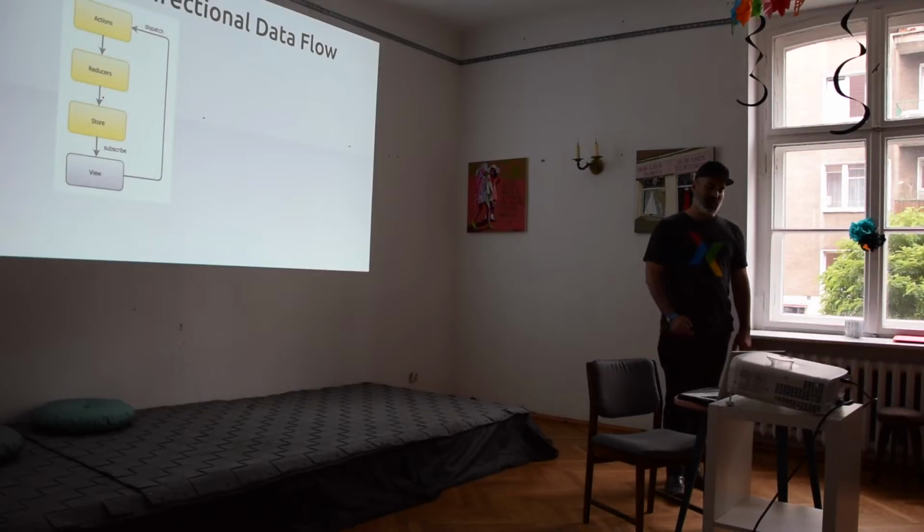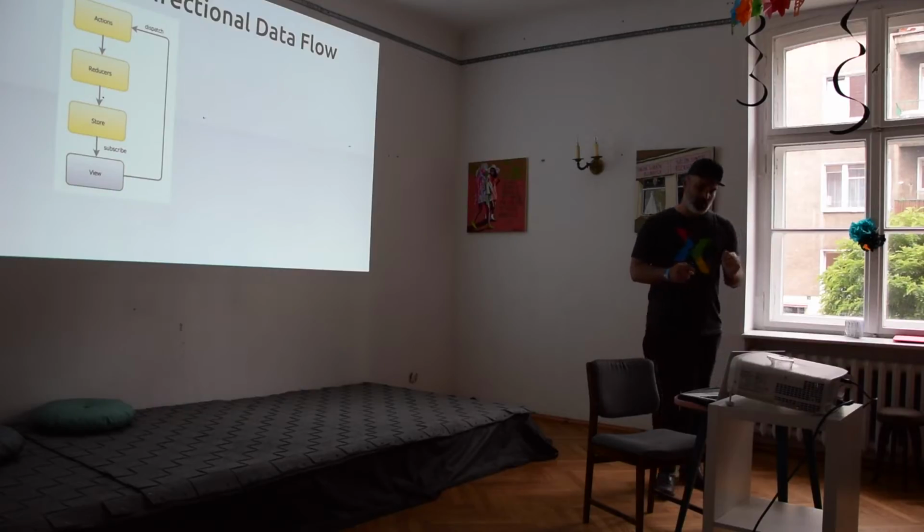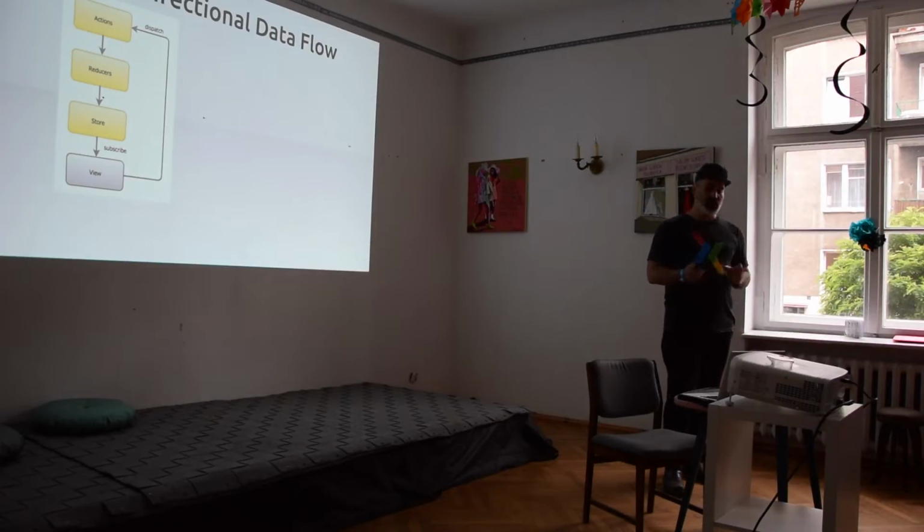So this is how it looks. The main property is that it's a unidirectional data flow. Instead of having two-way data binding, what we have is different components, and these are linked in one way. So these are the components, and we're starting from the top. We can see the actions, and an action is a small task that we want to execute in our application.